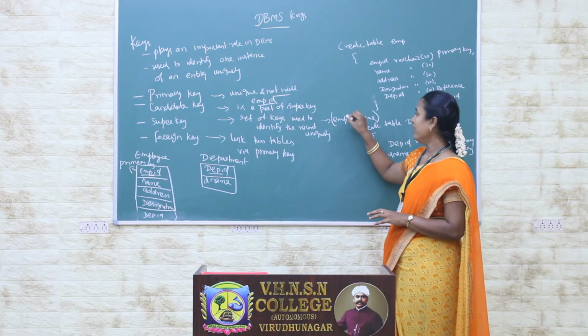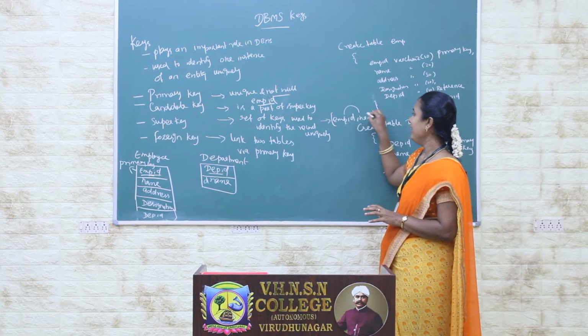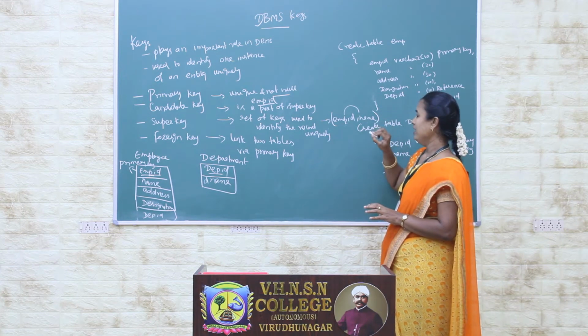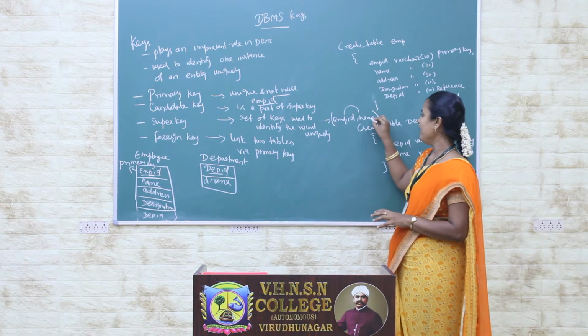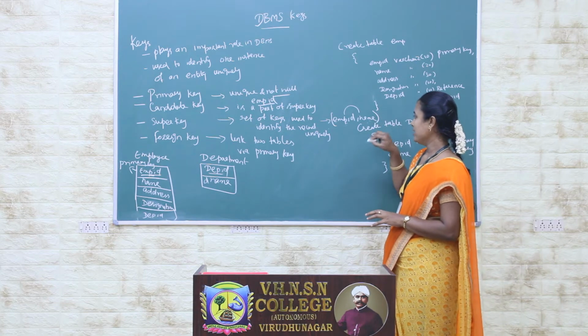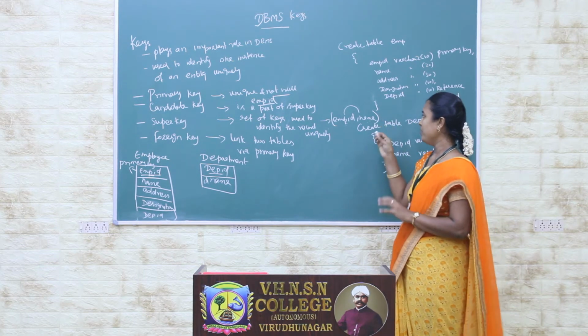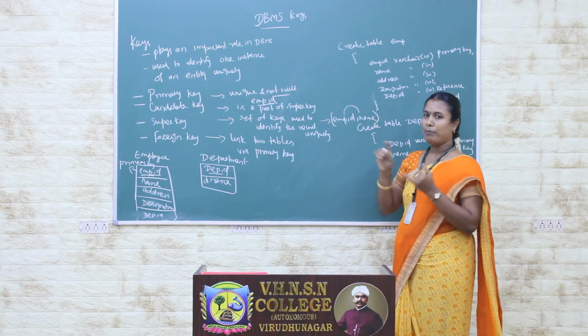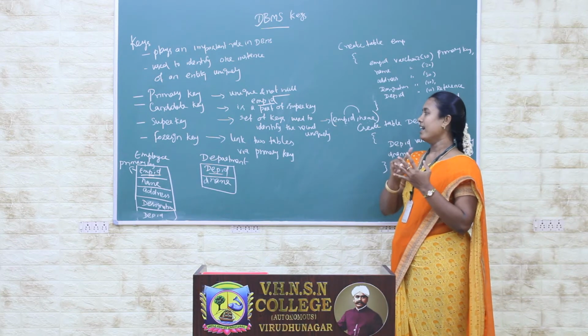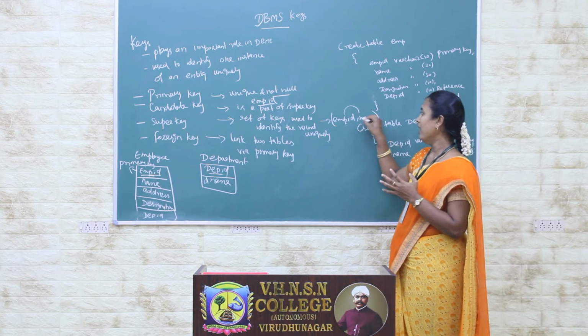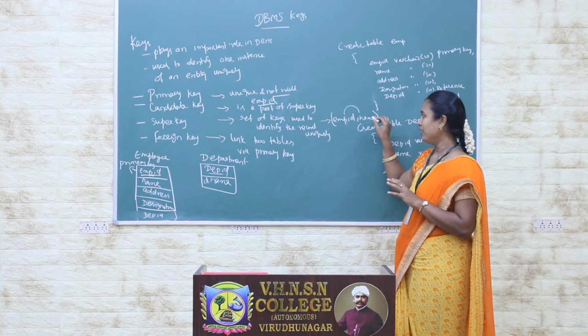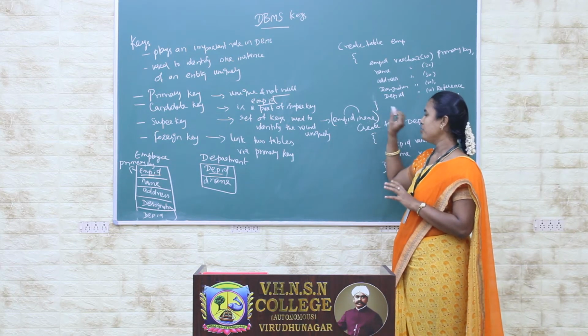We are not able to select name individually, because name is common: more than one person may have the same name. So we combine these 2 fields, employee ID and name, which can act as a super key. It is useful to identify the record uniquely, and for that purpose we combine these 2 fields.